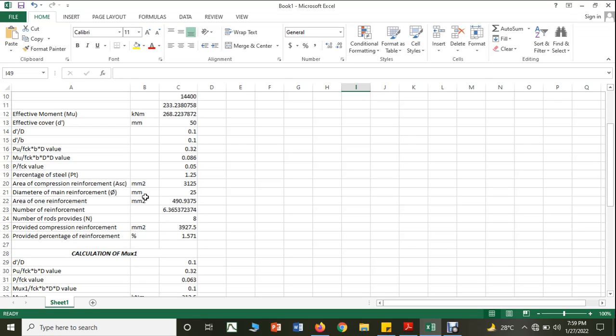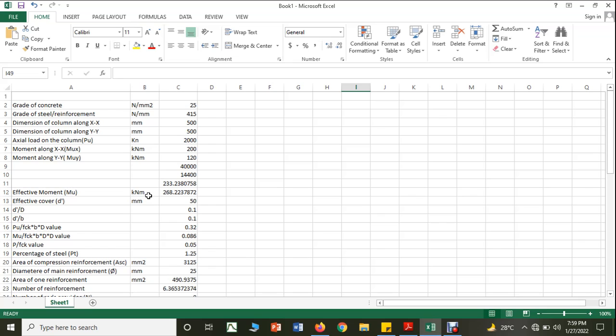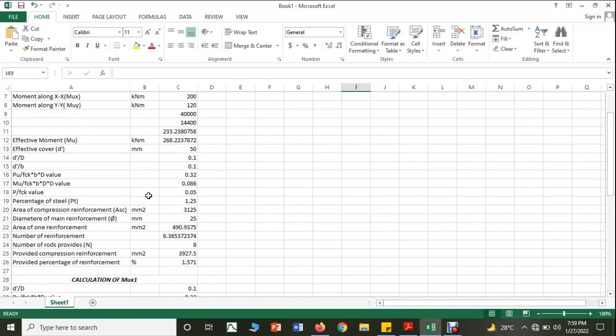So you will go for 1%, then the section will fail. Then you will go for 1.5%, then the section will remain safe, but again it may become uneconomical, because 1.2% of steel itself may be sufficient. Here you can get an economical section and the actual percentage of steel. So in this way we are supposed to do the design of biaxial loaded column.